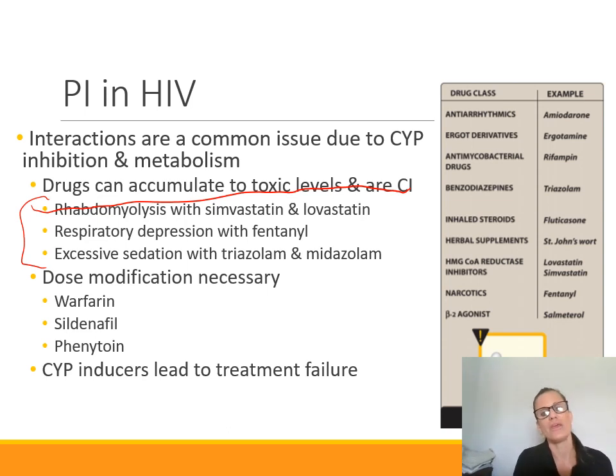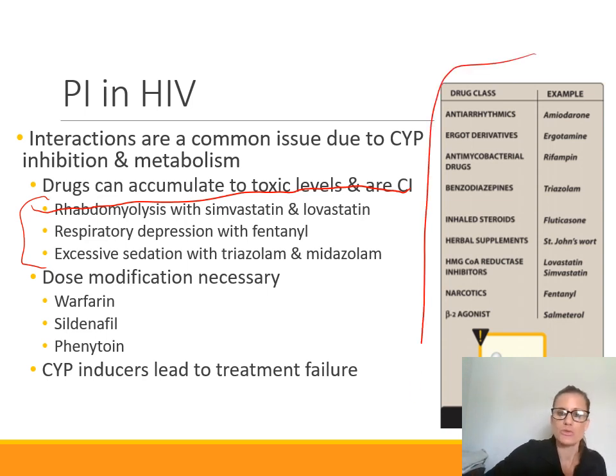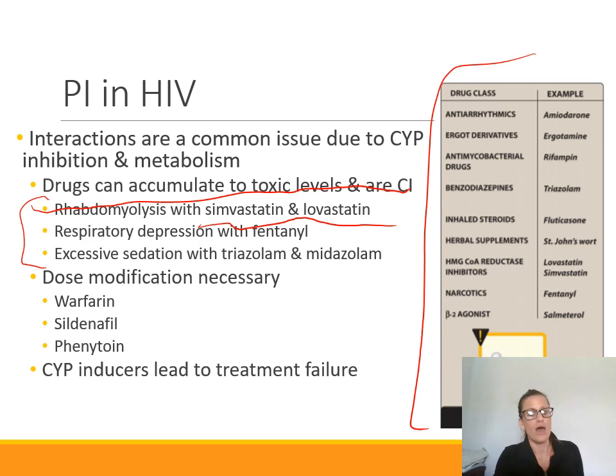So if you give them with drugs that are metabolized by the CYP enzymes that they're inhibiting, then the drug is going to build up and accumulate because the protease inhibitor is inhibiting its metabolism. So they're contraindicated with multiple drugs that you see here. Some examples: if protease inhibitors are given with simvastatin and lovastatin, the statin builds up and we see an increased incidence of rhabdo.